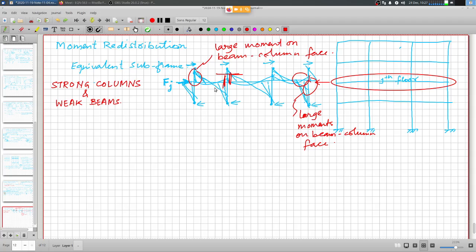Flexural reinforcement will continue through the joint, and keep in mind, this has no effect on the column because the moments are of opposing sign, so the interior column doesn't really have any significant flexural requirement here because of this seismic action.